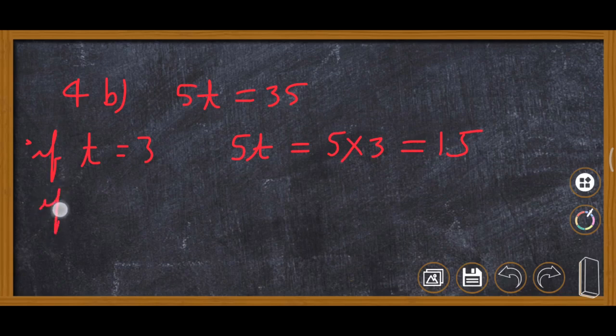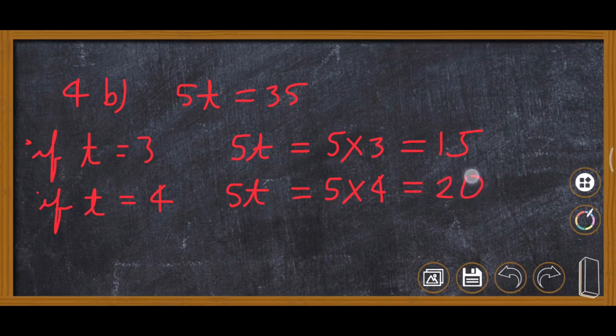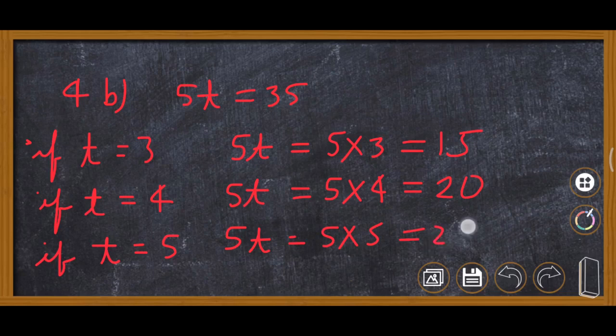If t is equal to 4, then 5t is 5 multiplied by 4, which is 20. If t is equal to 5, then 5t is 5 fives, which is 25.